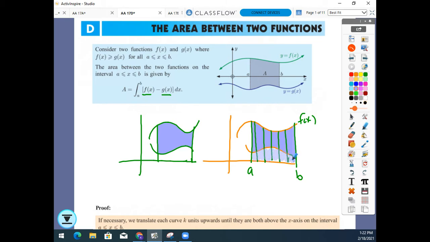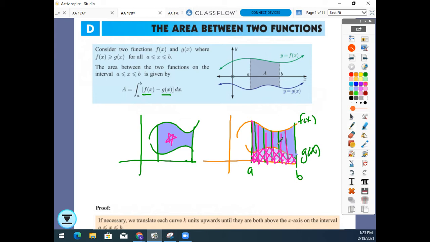But if I don't want this part, if I just want from the top curve to the bottom curve, I just need to subtract this out so that I'm left with just the area in between. So if I take the area of the top curve, which is everything between the curve and the x-axis, then subtract out the integral of the bottom curve, I'm left with what's in between.